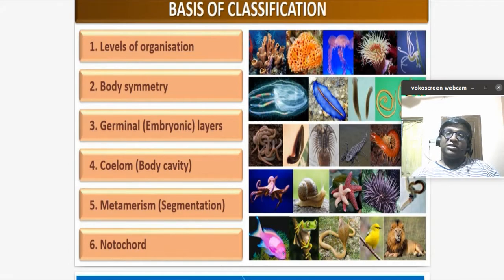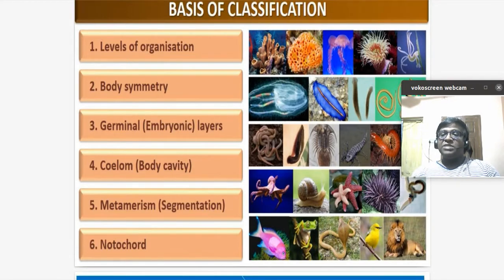Then there is the basis of classification on body symmetry. If they are bilateral or radially symmetrical, we classify them based on the number of germinal layers. So we have two types of animals, diploblastic or triploblastic. Based on presence or absence of coelom, we have coelomate, acoelomate, and pseudocoelomate organisms.